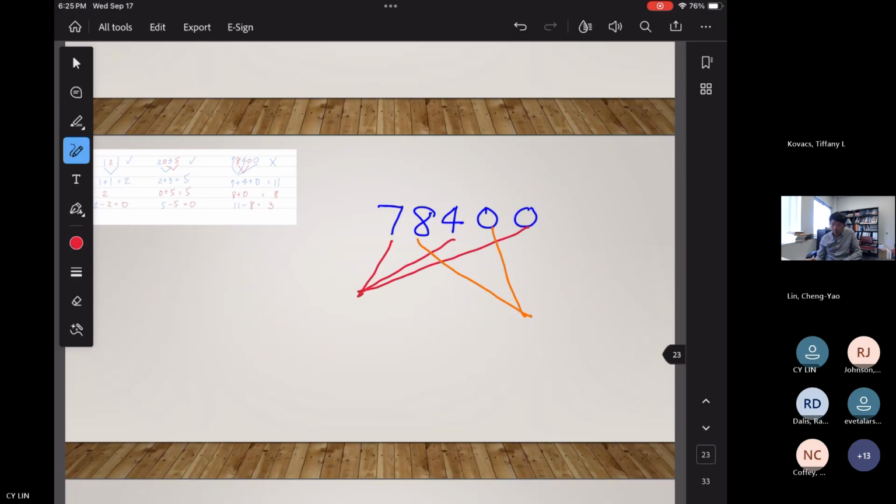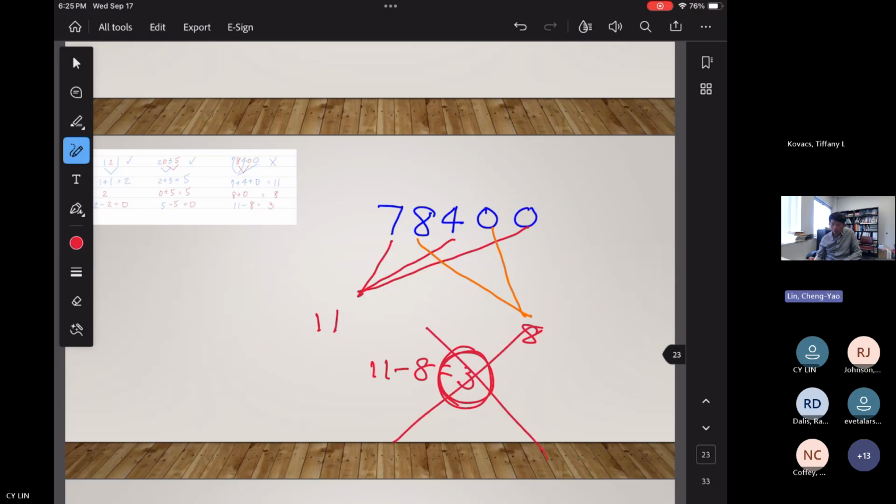So 7, 4, 0, I have 11 right here, right? And then 8 and 0 is a 8, right? So 11 minus 8, which is a 3. Is 3 divisible by 11, yes or no?